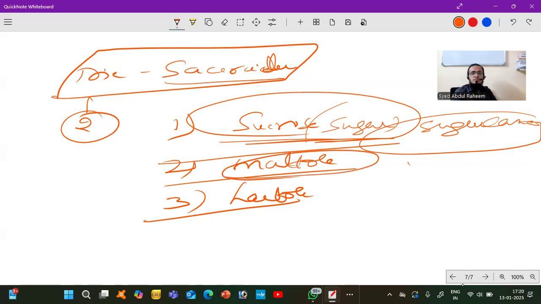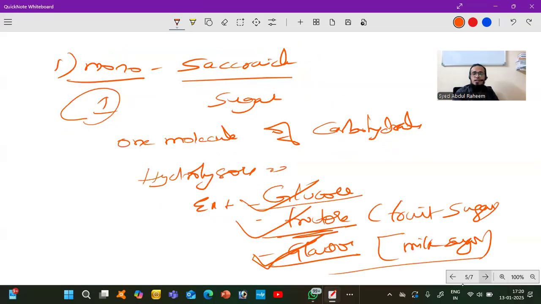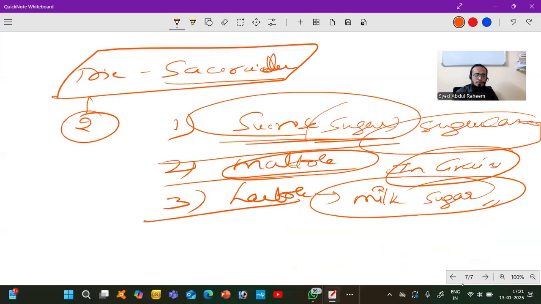Maltose is present in grains like rice, wheat, jowar, etc. And lactose is present in milk. This is called milk sugar.